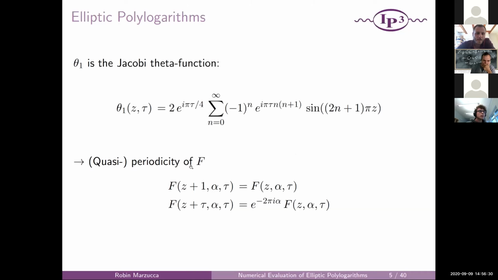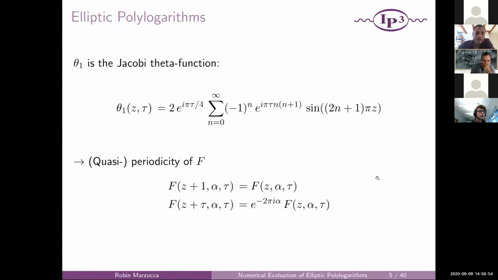So this F is periodic in z, obviously, and if you take the ratio, you'll find that it is also quasi-periodic in shifts in tau, which means that if you shift your argument z by tau, you'll get this exponential e to the minus 2 pi i alpha multiplying the Kronecker-Eisenstein series evaluated at z.